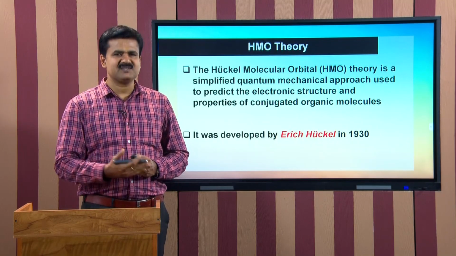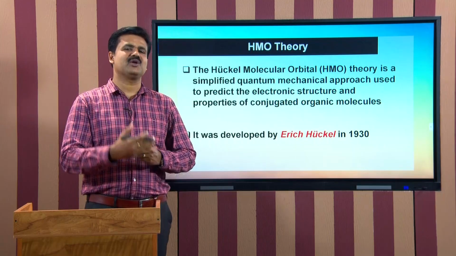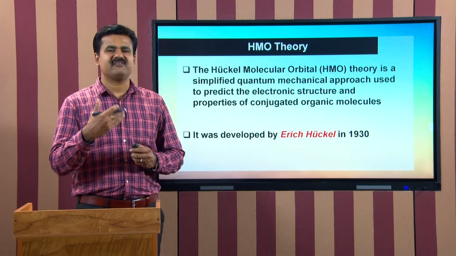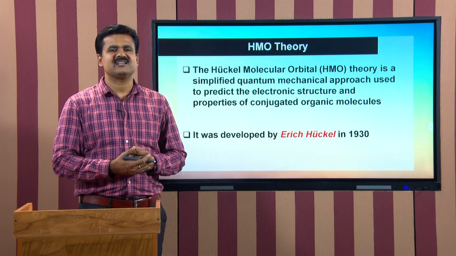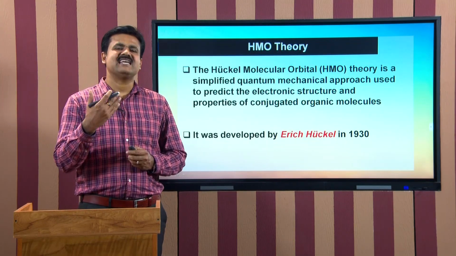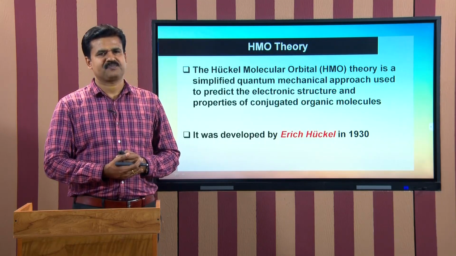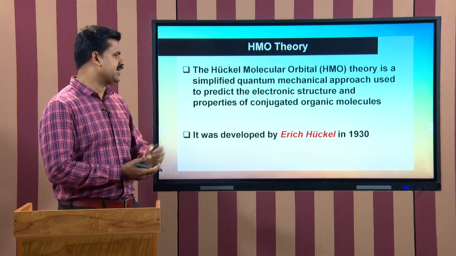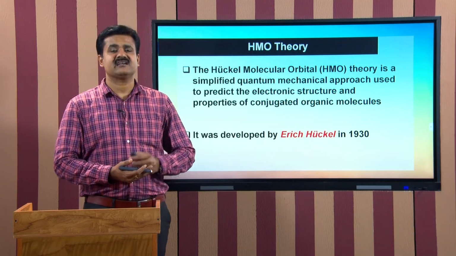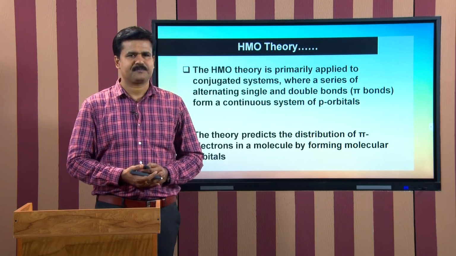In such systems, based on Huckel molecular orbital theory, it is easy to apply the Schrodinger wave equation and to get the resultant solutions to find out the electronic structure as well as energy states of the system. The HMO theory was developed by Erich Huckel in the year 1930.